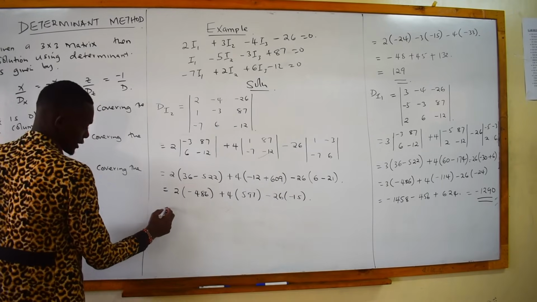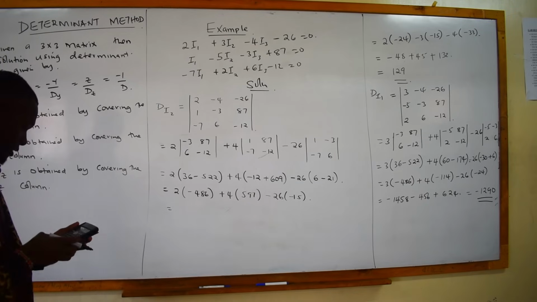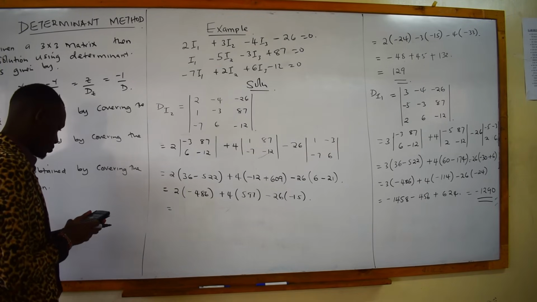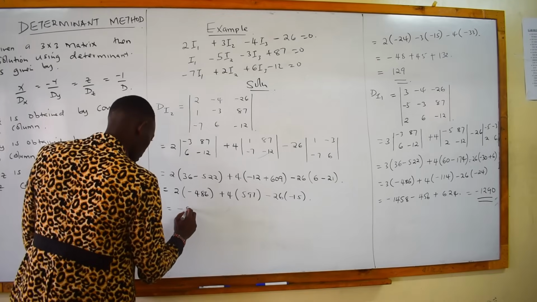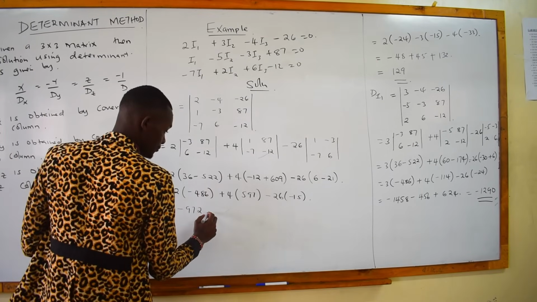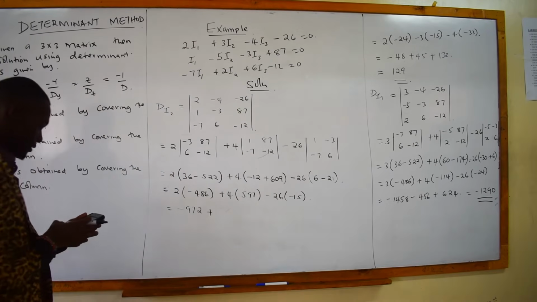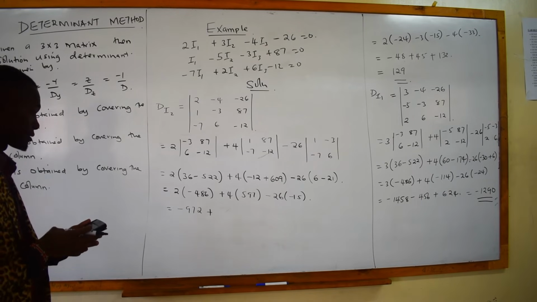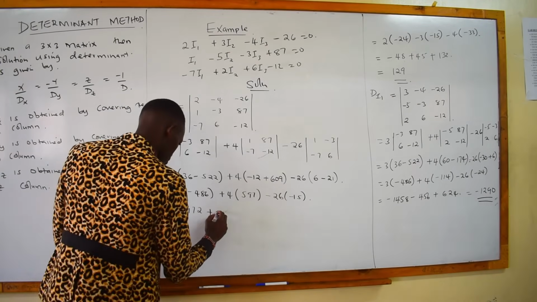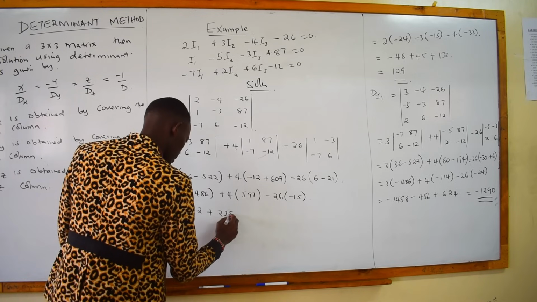Then opening up the brackets, we have 486, then you multiply by 2, gives you negative of 972. This one will be a positive value. So we have 4 times 597, which gives us 2388.